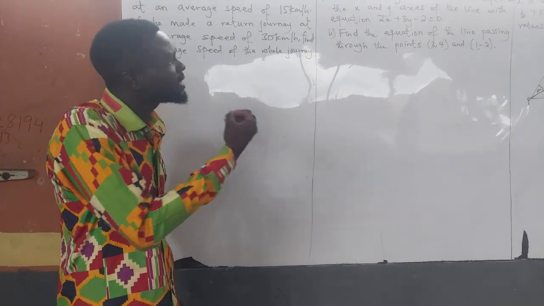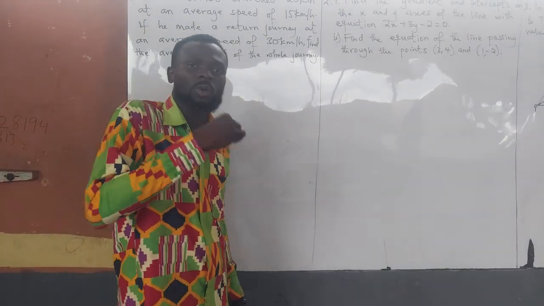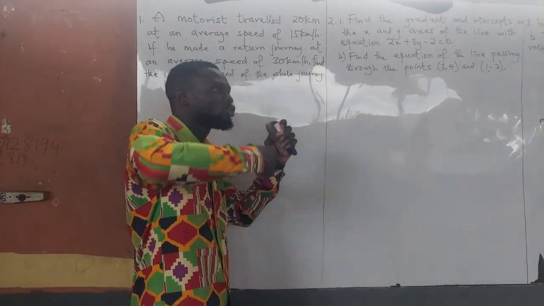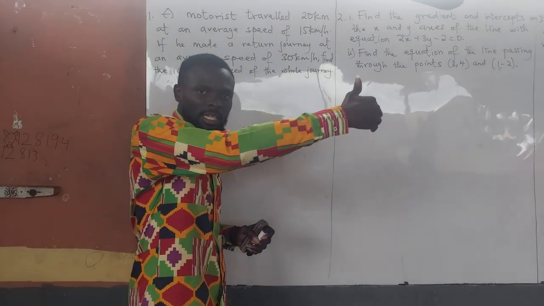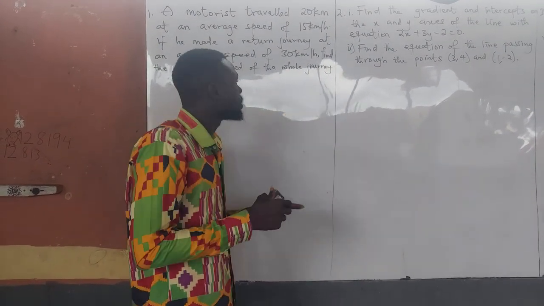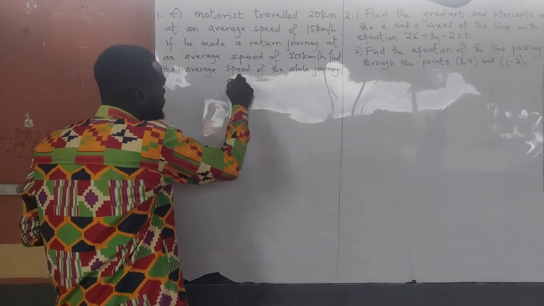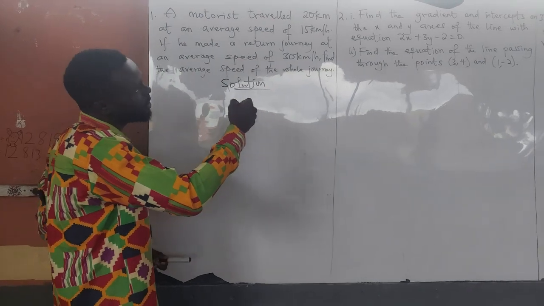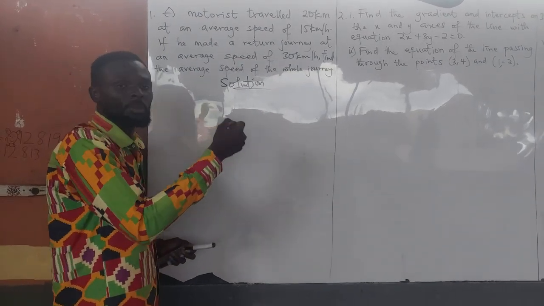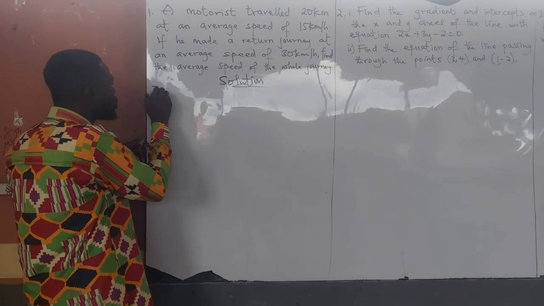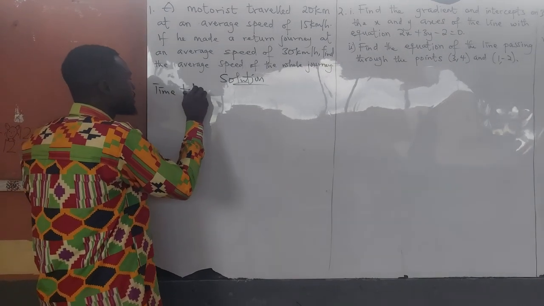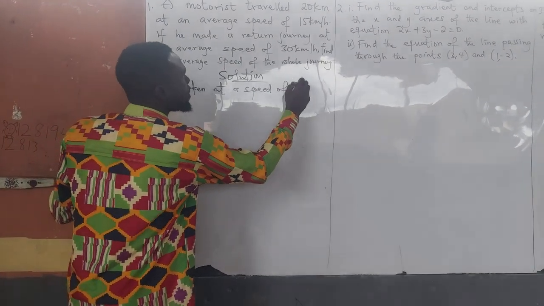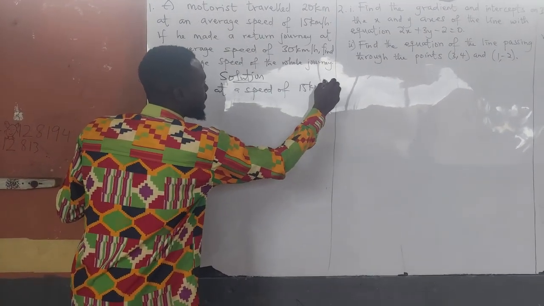Now, the first thing we have to do is calculate the time he took to make the first journey. So here, to solve, we have to first know the time taken at a speed of 15 kilometers per hour.